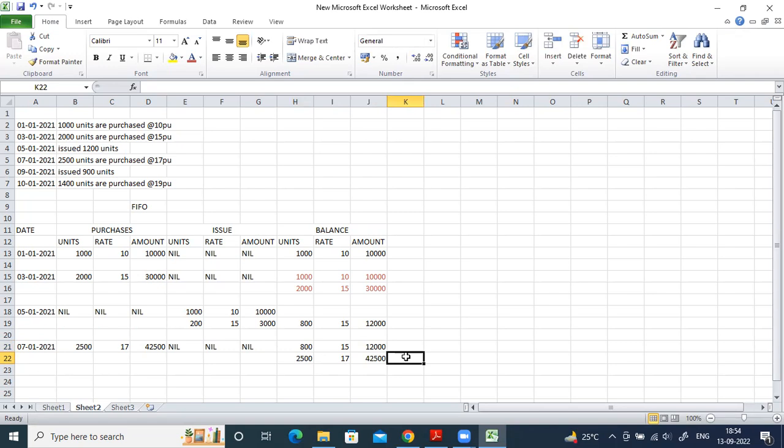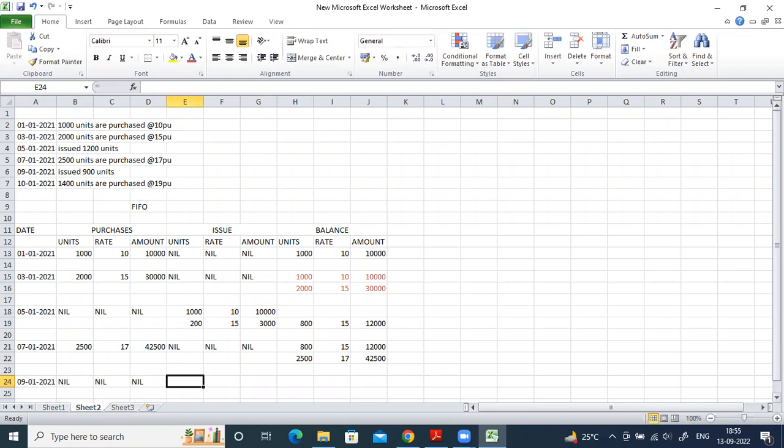Yes, sir. Then 9th January. Issuing, sir. Yes, 9th January is issue. So there will not be any entry on purchase. Now can anyone tell, how we need to issue now? How much we issued? 900 units.